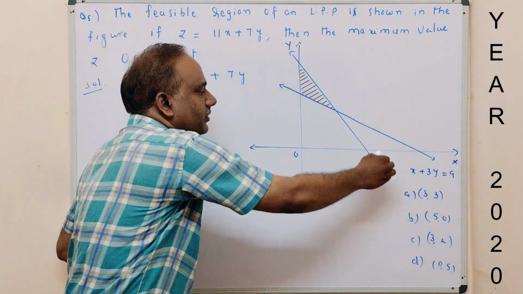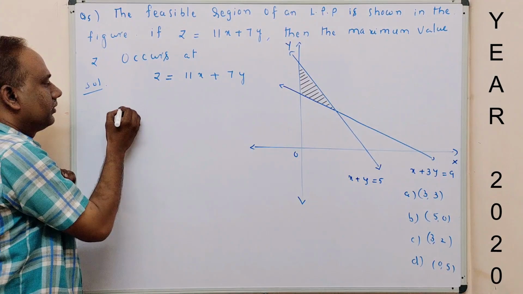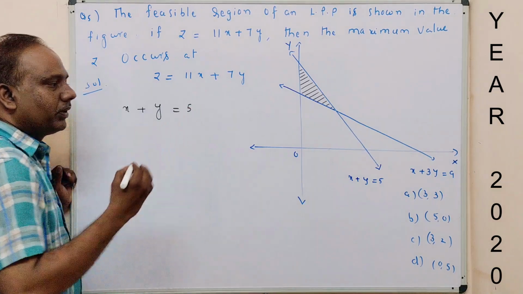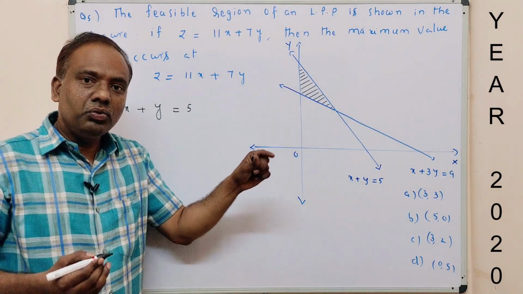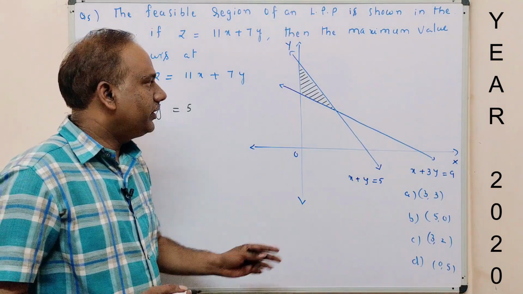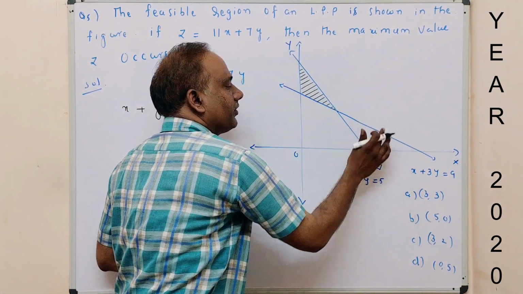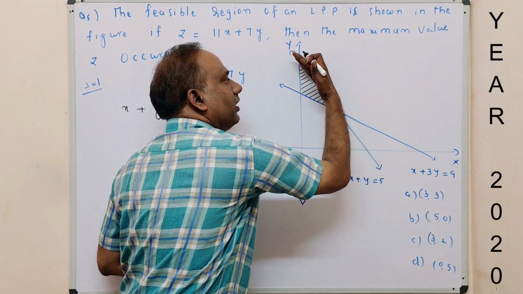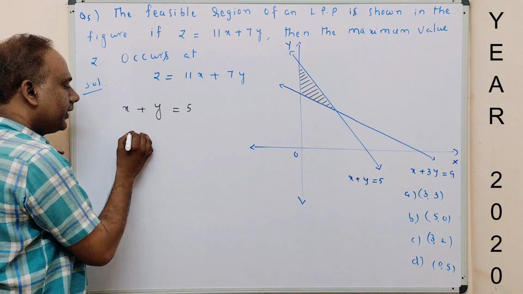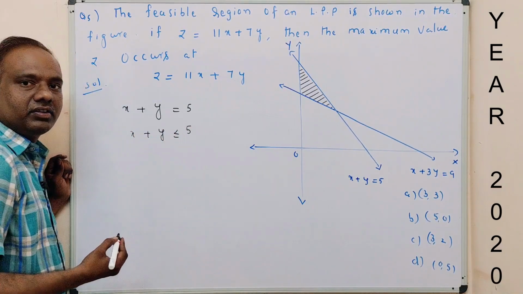This equation is x plus y is equal to 5. But here we need to determine first whether it is less than or equal to, or greater than or equal to. So this is the equation. Here the line is downwards to the origin, and downwards to the origin means x plus y less than or equal to 5.